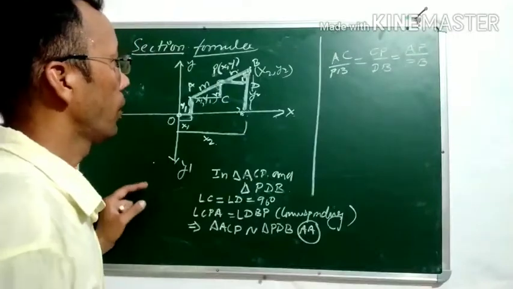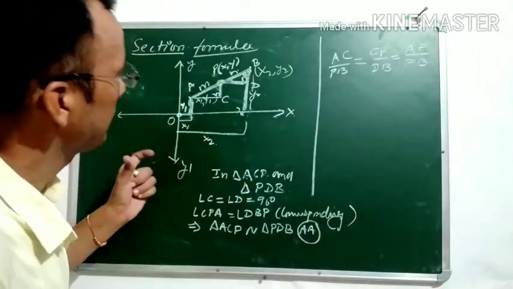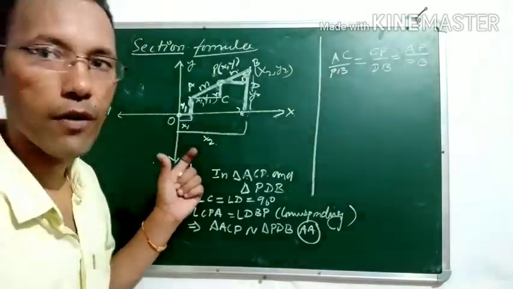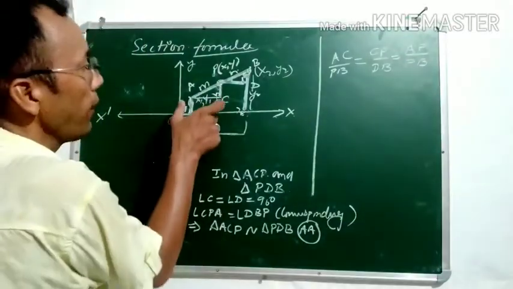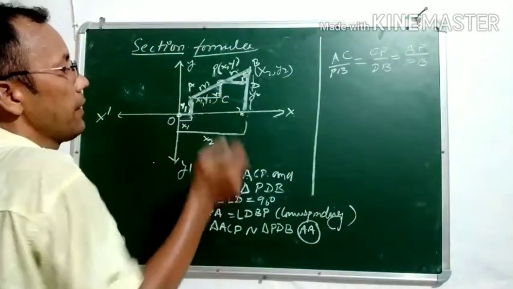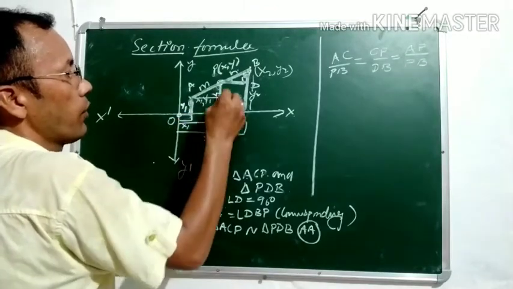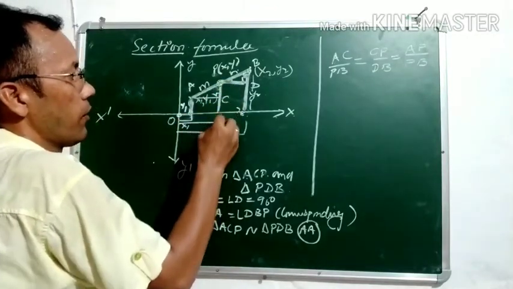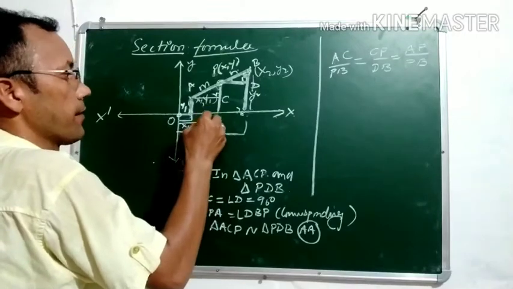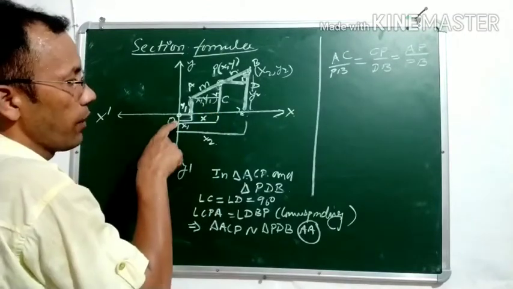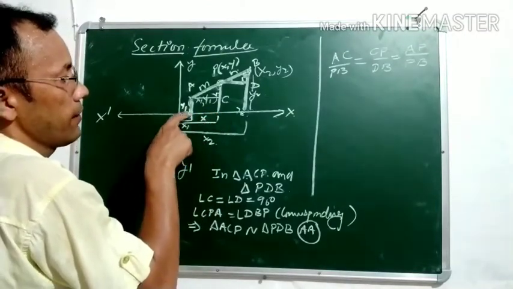Now let's check what AC is, what PB is, and write down all these things. Here this is x1 and this is x. From here to here, this is x and this is x1.